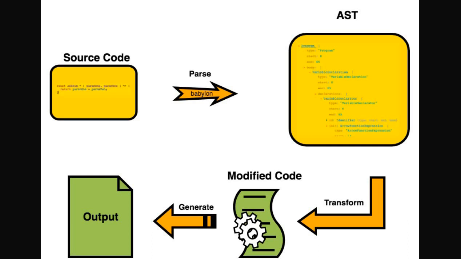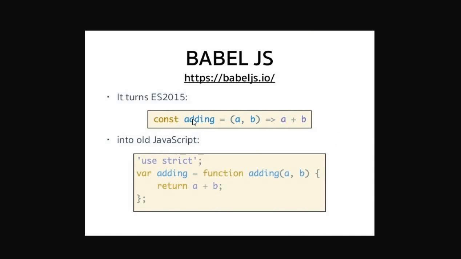So what a transpiler simply does is that it takes in all the new features that have been created with the new versions of JavaScript, and it converts those new features into the old standard of JavaScript. So that's what a simple Babel.js transpiler does. Let me show you an example of how this works. Over here, we have an arrow function that is built with modern JavaScript.